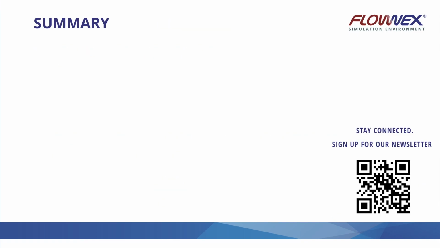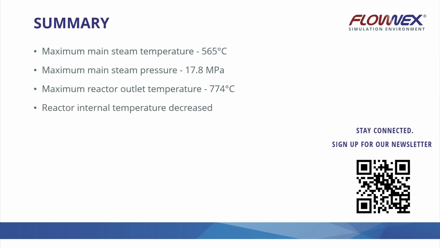To summarize, we looked at an overview of the different accident scenarios and the need for 1D simulation tools. Next, we discussed which components should be used to build a nuclear plant in Flownex and how to configure a reactor and turbine trip. On the steam side, we saw a maximum temperature of 565 degrees Celsius and a maximum pressure of 17.8 megapascal at the outlet of the steam generator.